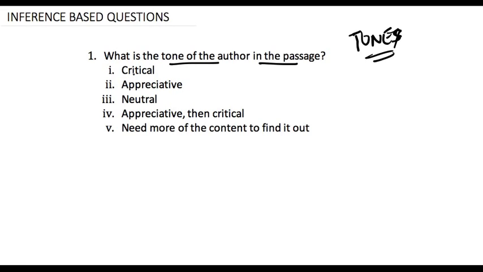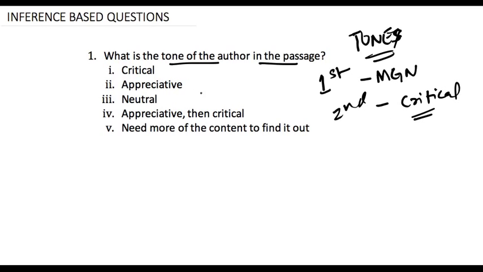In this passage, if you read the entire passage, you will see that the first paragraph is appreciative of MG Narega, whereas the second paragraph is critical of digitization. So, the first choice of critical and the second choice of appreciative also align with what is being mentioned in the passage. Third choice is neutral, which does not fall in line or does not comply.